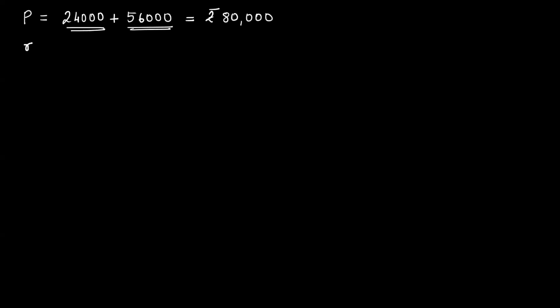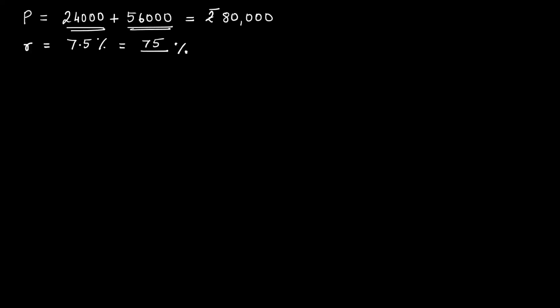Have they mentioned the rate of interest? Yes, sir, 7.5%. If you want, you can even write it as 75 upon 10 or 100? 100. I'm getting rid of the decimal.